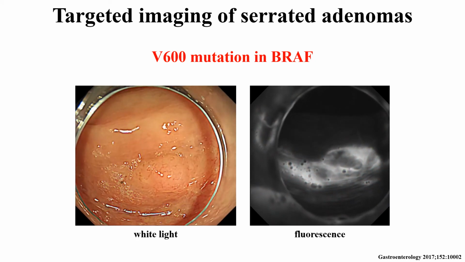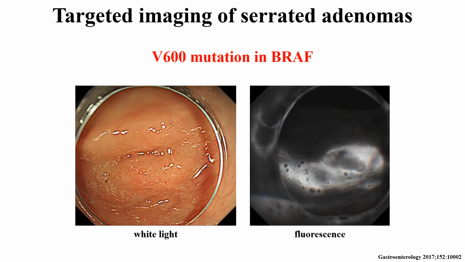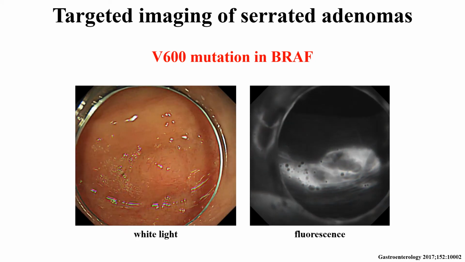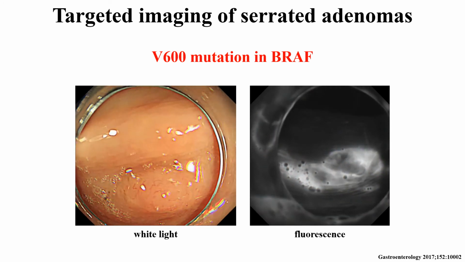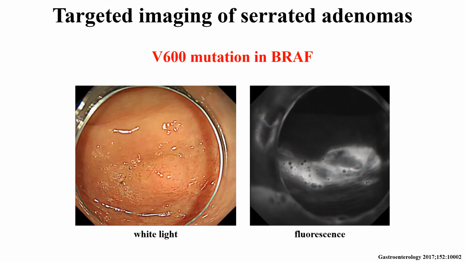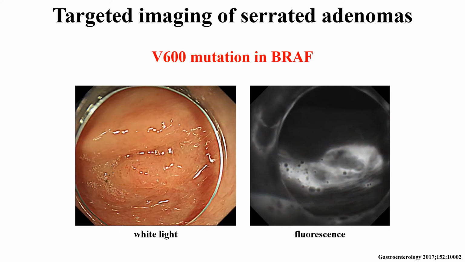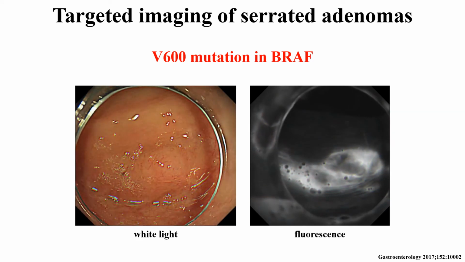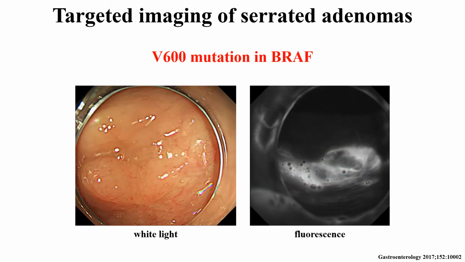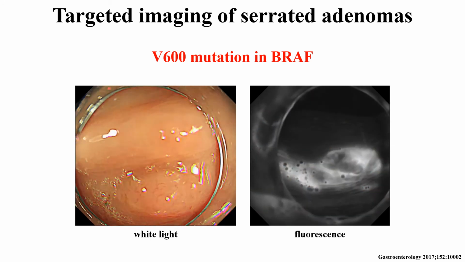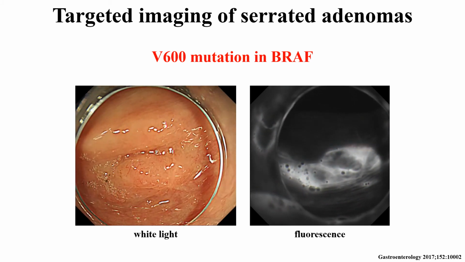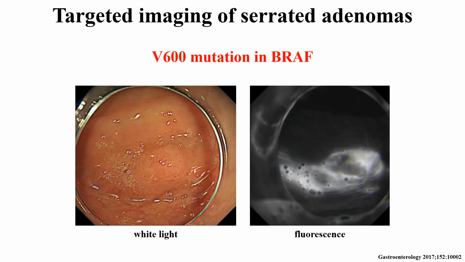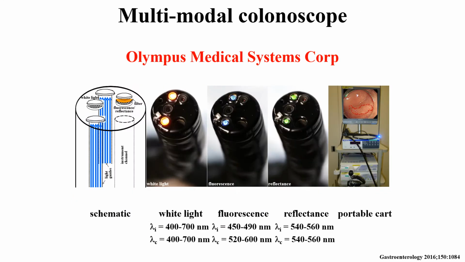However, after we administer the peptide, and this is done topically, you can see bright contrast from the serrated adenoma in the center of the region, and there's really no signal from the mucosal fold. So this is an example of how fluorescently labeled peptides can be used to detect premalignant lesions in the colon.